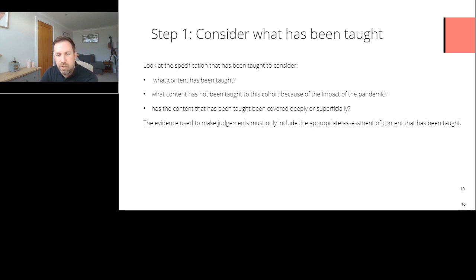And it's really important when it comes to the evidence you're using to support the grades for your students that you include only those pieces of evidence that support the content that has been taught. So if a student hasn't covered a particular content area or hasn't covered a particular skill, we would not expect you to include that evidence within the evidence you're using to support the grade for the student this year.